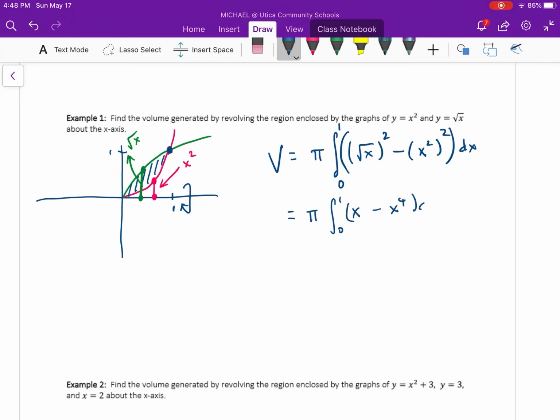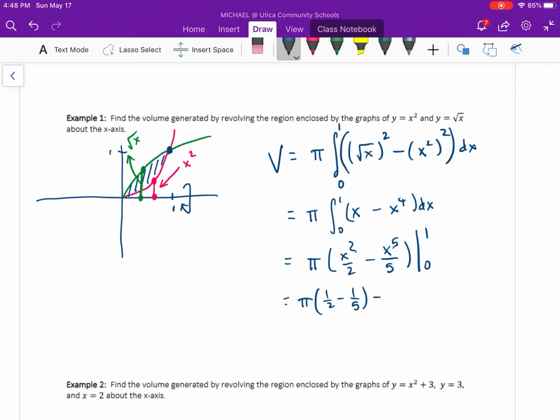All right, I'm going to simplify this. 0 to 1, x minus x to the 4th. And take the integral, x squared over 2 minus x to the 5th over 5 from 0 to 1.